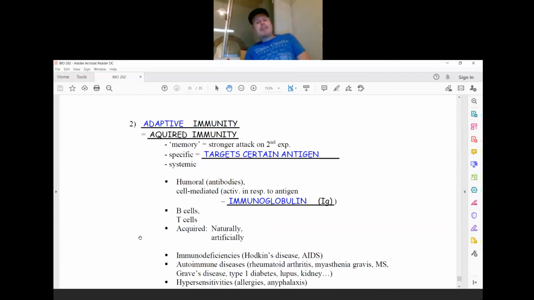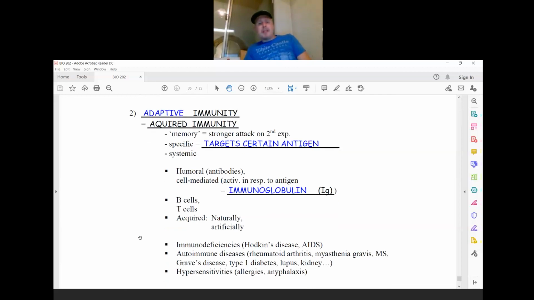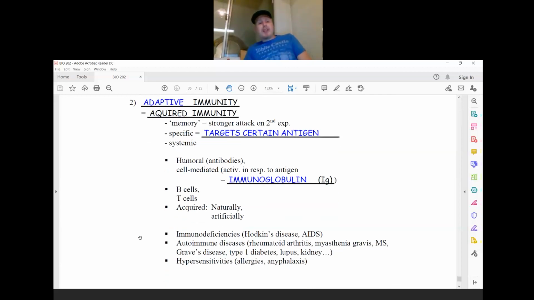It targets very certain antigens, so you cannot have adaptive immunity against every possible antigen until you've met every possible antigen. And in addition, that doesn't act only locally, it acts throughout the body. We talked a little bit about humoral and cell-mediated branches of the adaptive immunity.